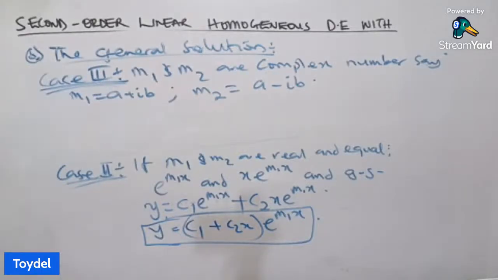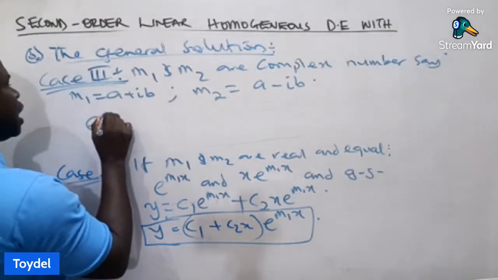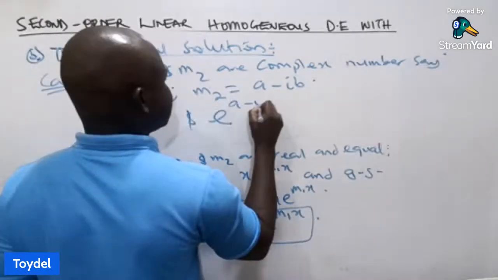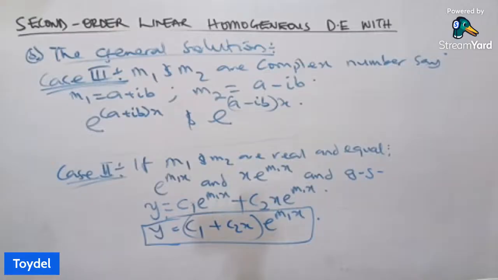In this case, if they are complex, M1 is given as a plus ib, then M2 is given as a minus ib. So the two linearly independent solutions will be exponential (a plus ib)x and exponential (a minus ib)x. This represents the two linearly independent solutions that we are going to get.